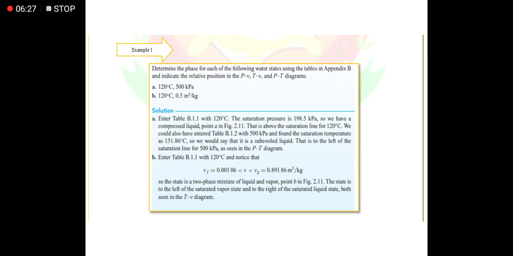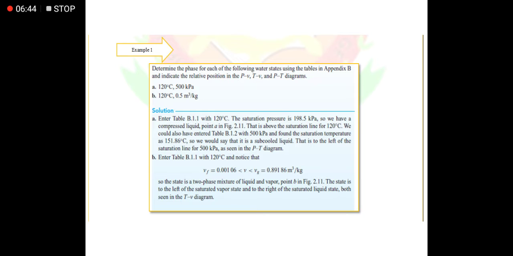Okay? So yun. Now, we have here letter A, we have 120 degrees Celsius, 500 kilopascal. Letter B, 120 degrees Celsius and 0.5 meter cube per kilogram.